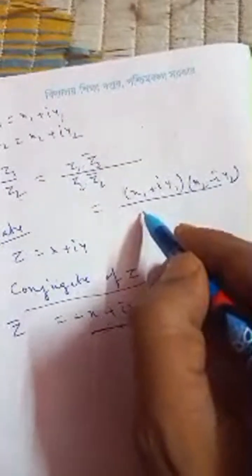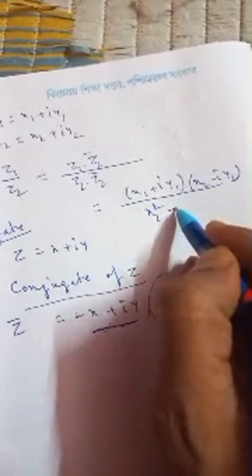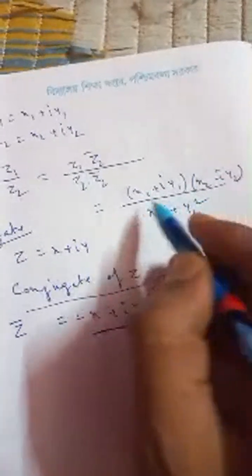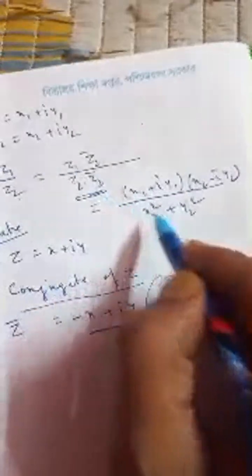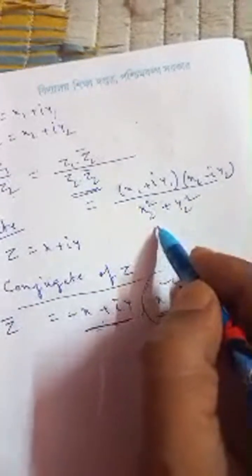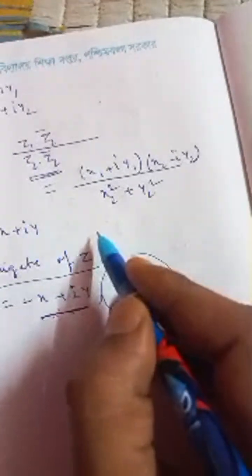Here we will get x2 whole square plus y2 whole square, using the a square minus b square formula, we will get a square plus b square.